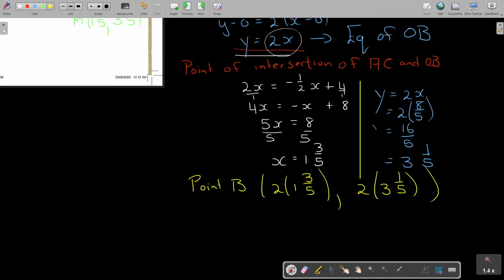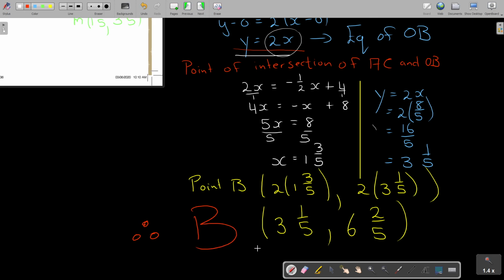You can basically just press it on your calculator, 3 and 1 over 5 times 2, and that's going to be 6 and 2 over 5. If you do the same with the other one and multiply it by 2, you're going to get the other coordinate. So you can basically say, therefore, point B is that. Okay, and that's how you do it.